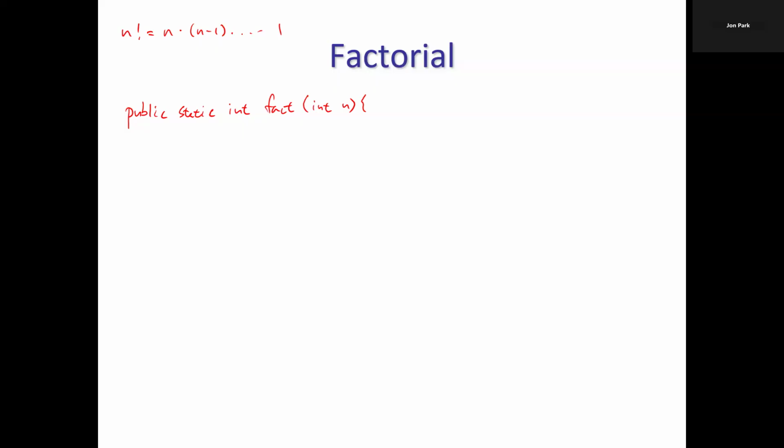You make a new variable, which we start at one as a baseline, then multiply by n, decrease n by one, multiply by n, decrease by one, until it gets down to one.